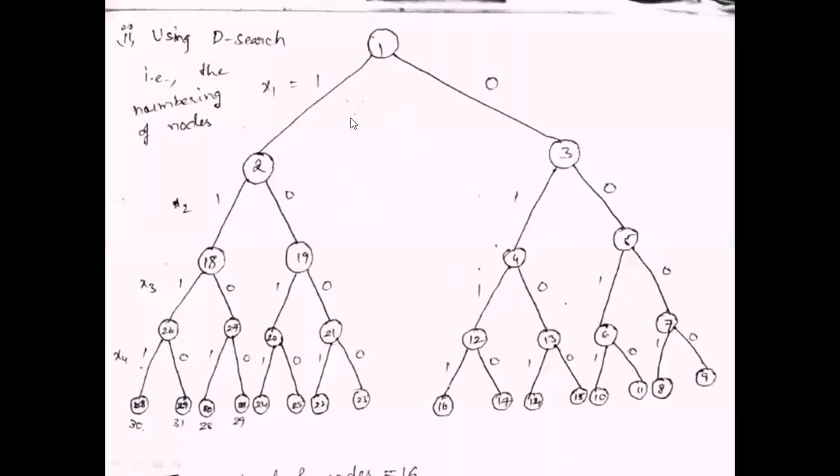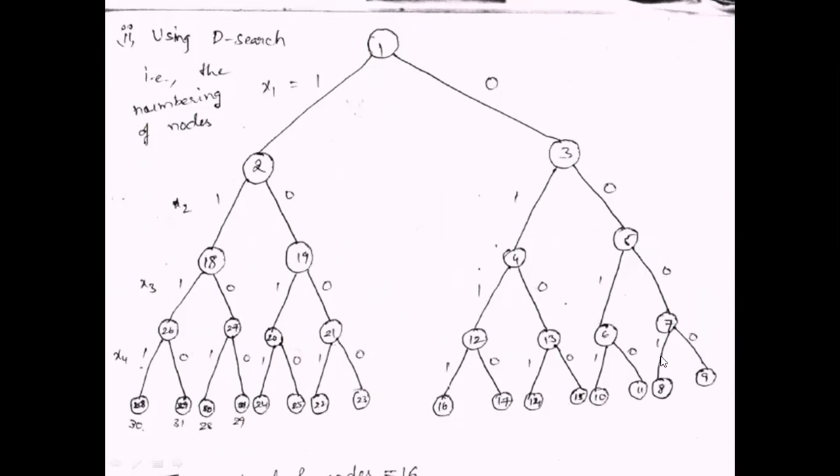It is a solution space tree. In the solution space tree, the 16 leaf nodes each represent one solution. The values from the root node to a leaf node represent one solution, where x1 represents the first level, x2 the second level, x3 the third level, and x4 the fourth level.